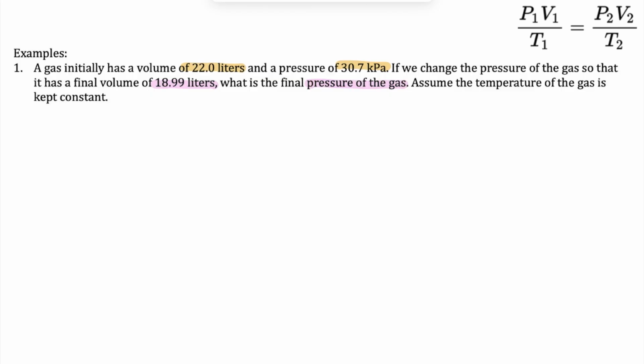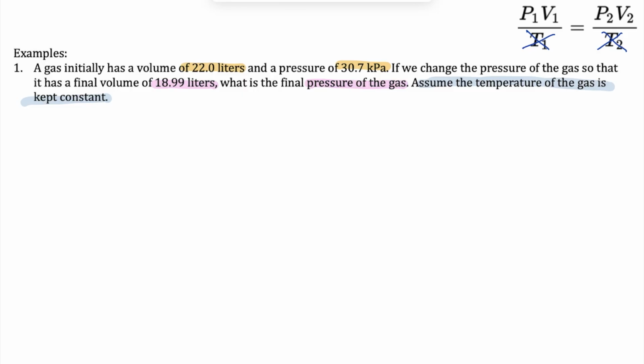We probably saw a problem similar to this in one of our other sections, because if the temperature of the gas is staying constant, we can just remove that from our formula because we are basically just dividing each side by the same number. And that's how we can get that volume and pressure relationship from this combined gas law.